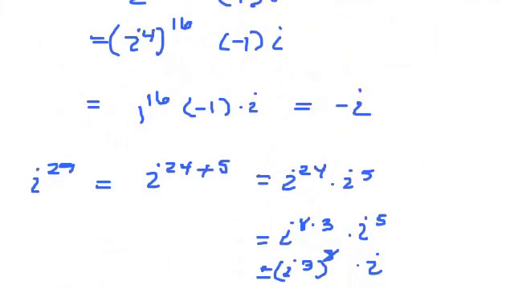I'm running out of room on here. I'm going to tell you what, let's just work up here. So this becomes negative i. That's not really helping me out here. To the 8th times i. That's just going to make that a positive. That's a negative raised to an even number, so that becomes positive.